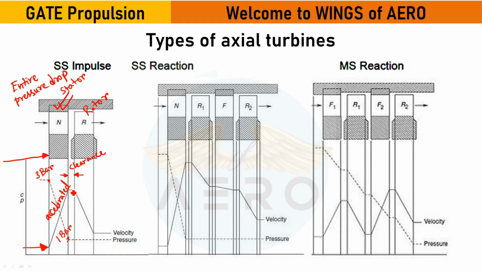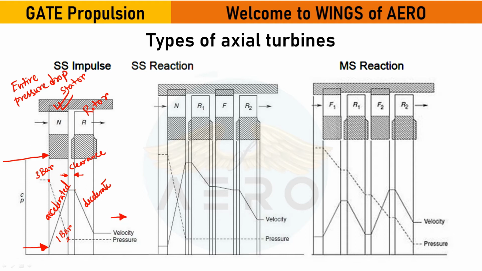In the clearance it is maintained the same, and again when the flow enters the rotor, it decelerates and leaves towards the nozzle of a gas turbine engine.